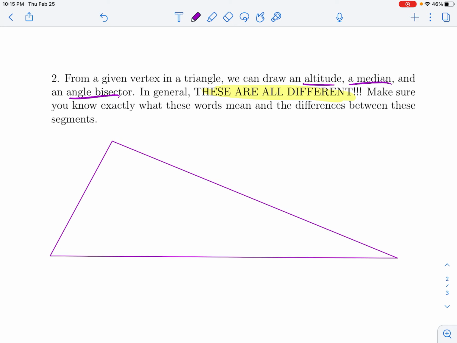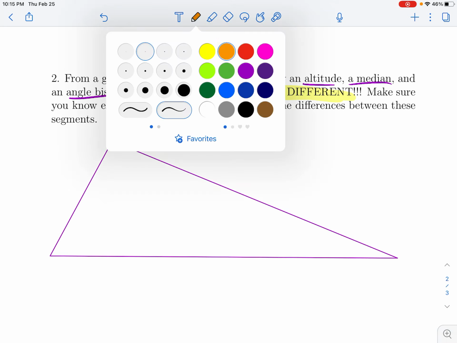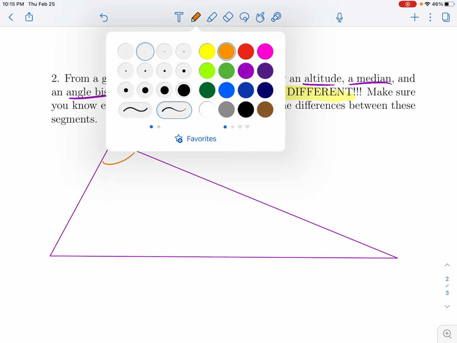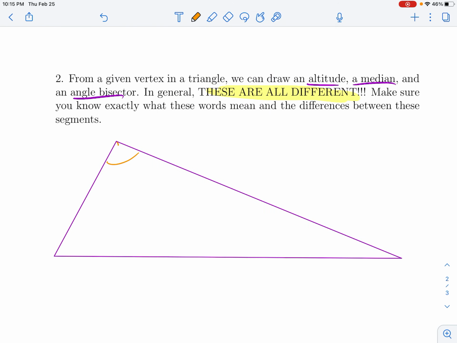So in a case like this, let's see. So if I had this angle, my best guess as to the ray that bisects that angle looks to be like so. So here in orange would be an angle bisector.